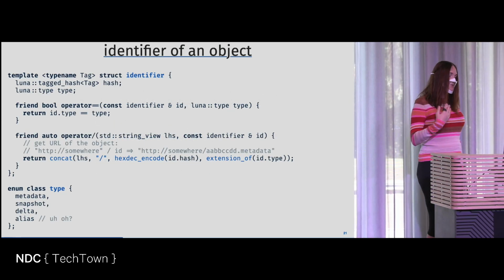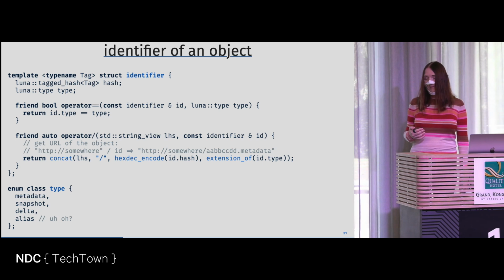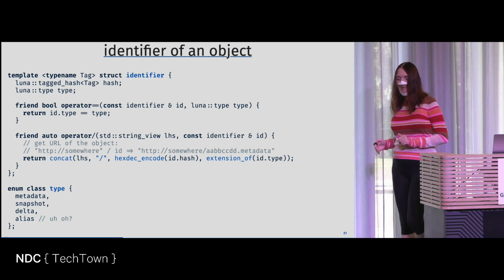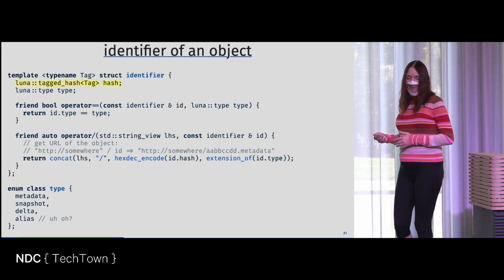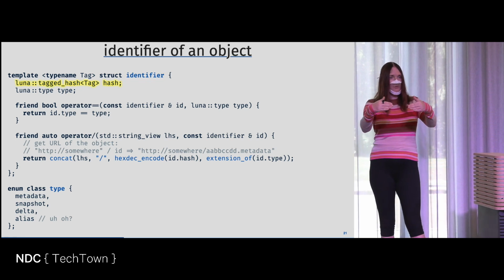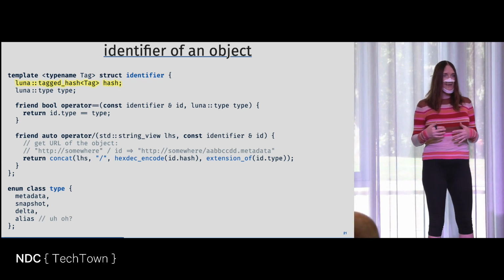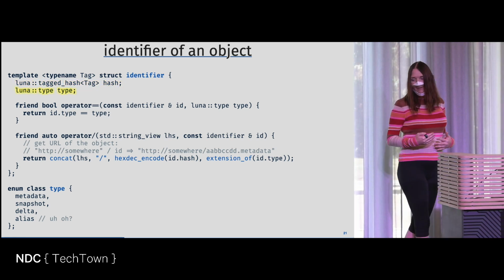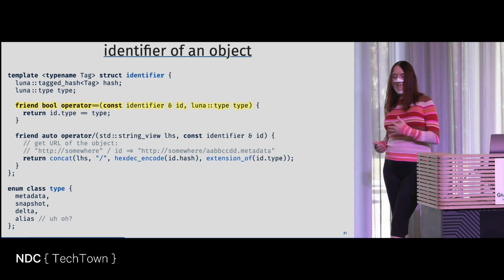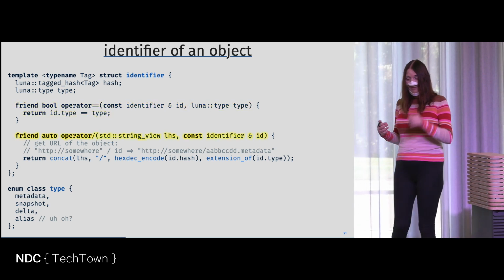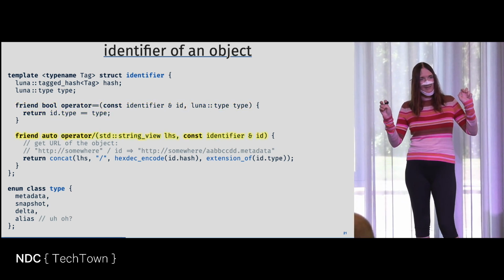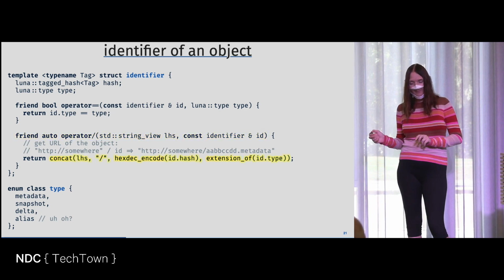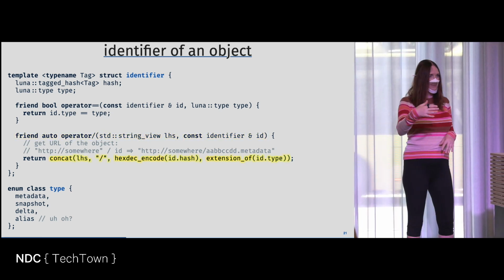And then I need an actual identifier, which is really helpful because I have multiple types of object. So I have an identifier with some tag, which contains the hash of the object I'm pointing at, and the type. I can compare the identifier against the type, and I can also serialize the identifier into a URL by giving a prefix.